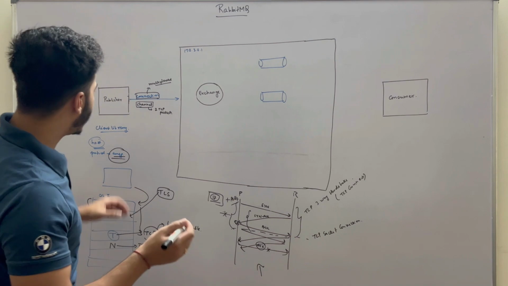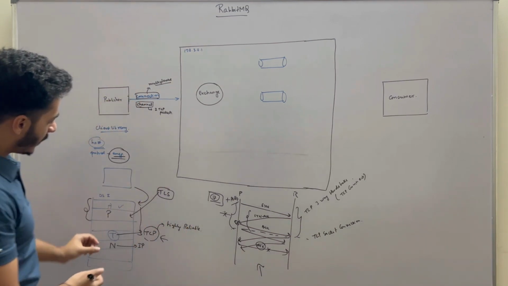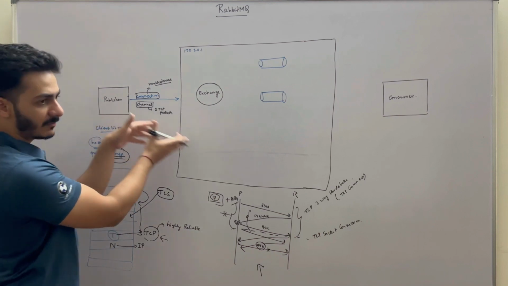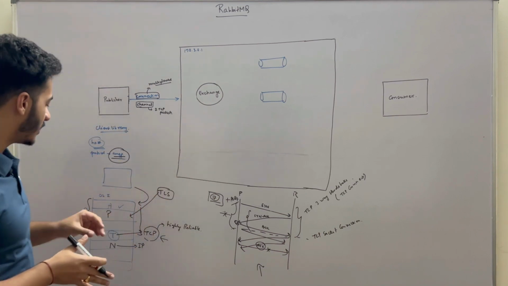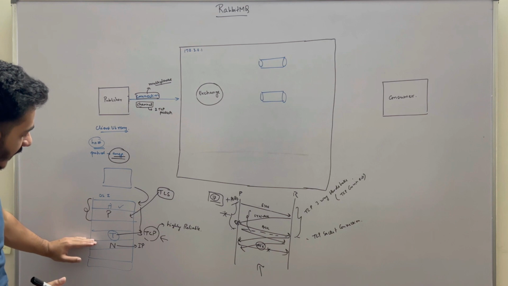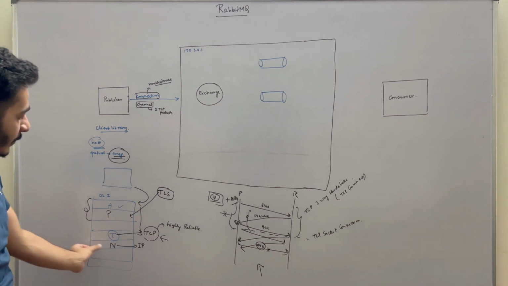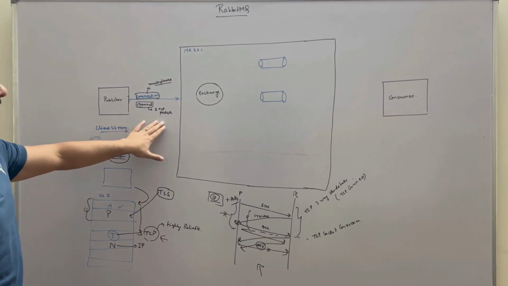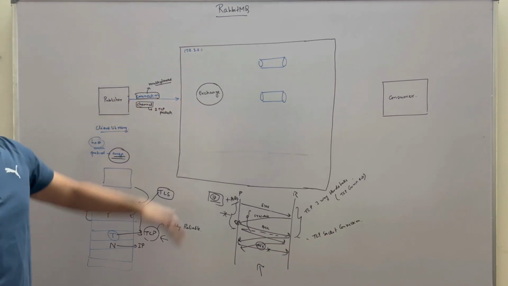It's also possible that these TCP packets are further broken at the network layer according to the medium you are using. That is something I'm not talking about. I'm talking about the packets up to here, not the broken packets after this. So 2 TCP packets are required for creating the channel.